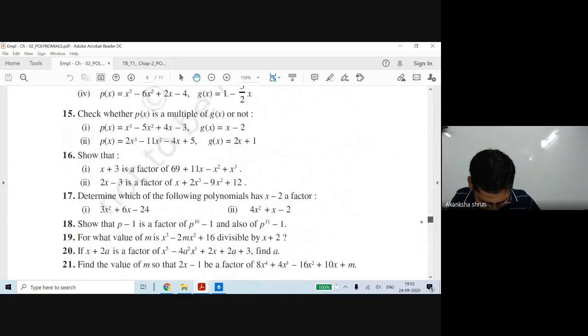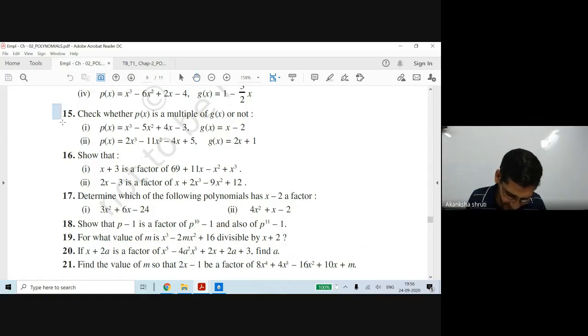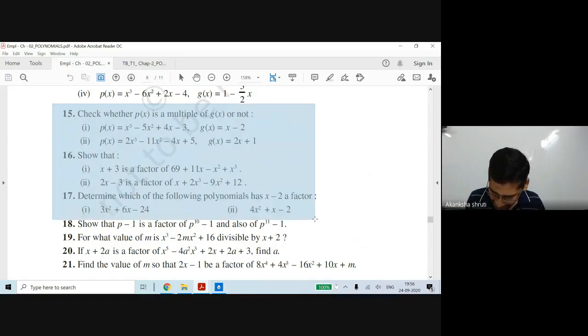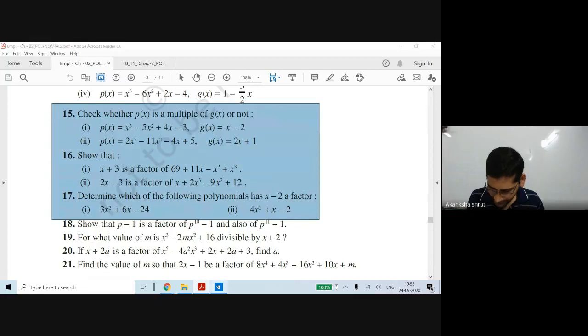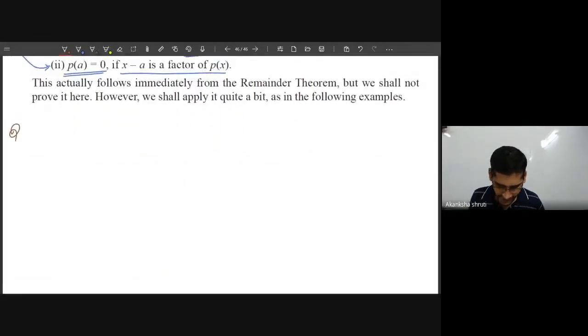Students, we have taken that x plus 3 is a factor of this, 2x minus 3 is a factor of this. Whatever these questions are, all are based on the same concept. देखिए यहाँ भी जो इतने सारे क्वेश्चन हैं ये आपको सेम ही कॉन्सेप्ट पे बेस्ड हैं.